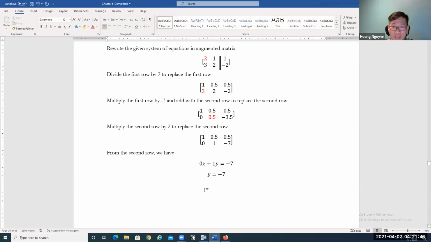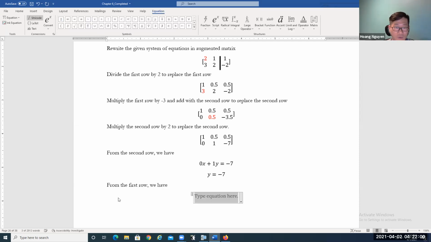So what are we going to do next? Now we're going to substitute y equal to -7 into the first row, because the first row still has x and y. So from the first row, we have 1x plus 0.5y equal to 0.5.